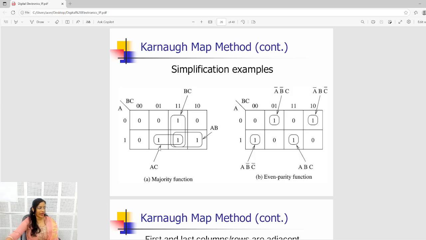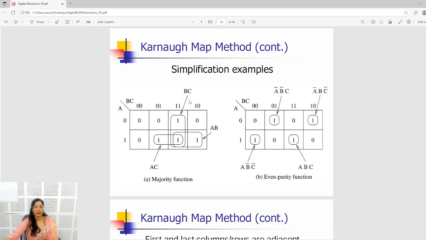So how do we write the expression for A? For this pair, this 1 corresponds to A, this 0 corresponds to A bar, and the columns are B bar C bar, B bar C, B C, and B C bar. What we have in common is A, and A is there for sure.